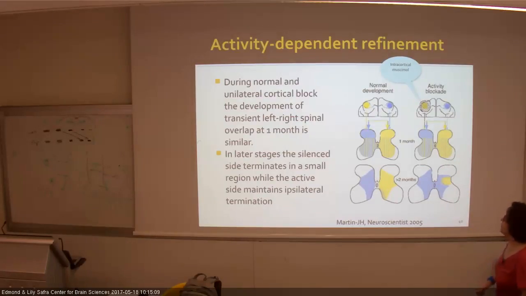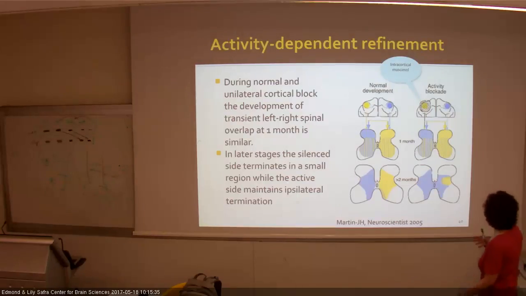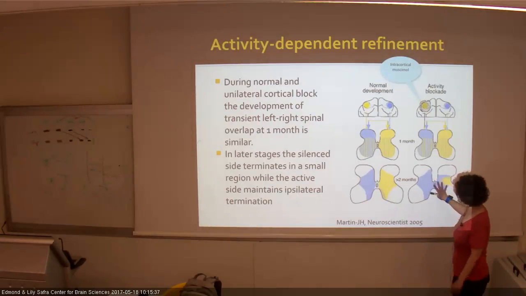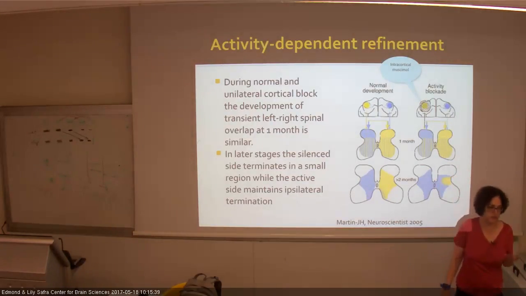Here, the block is only during the first month. It's not a continuous damage, but a temporary block during the time when refinement should take place. Okay, but the results are permanent.